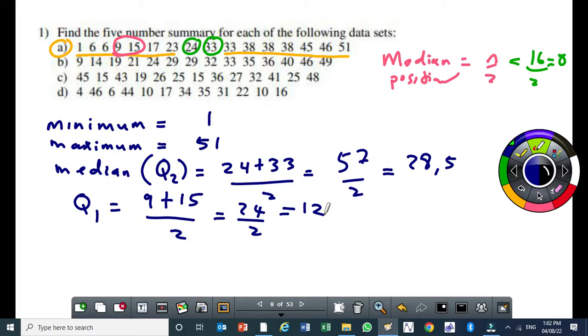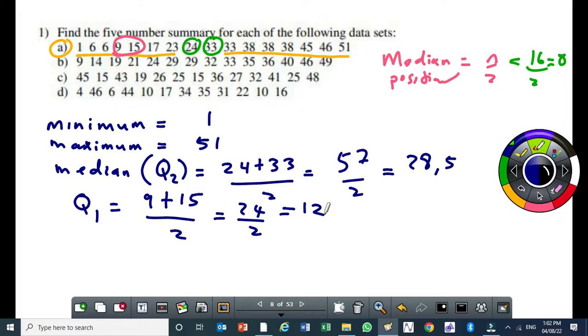So that's Q1, that is the lower quartile. The lower quartile is the median of the first half of the data set. The median of the full data set, that is Q2, is the median of all the values.